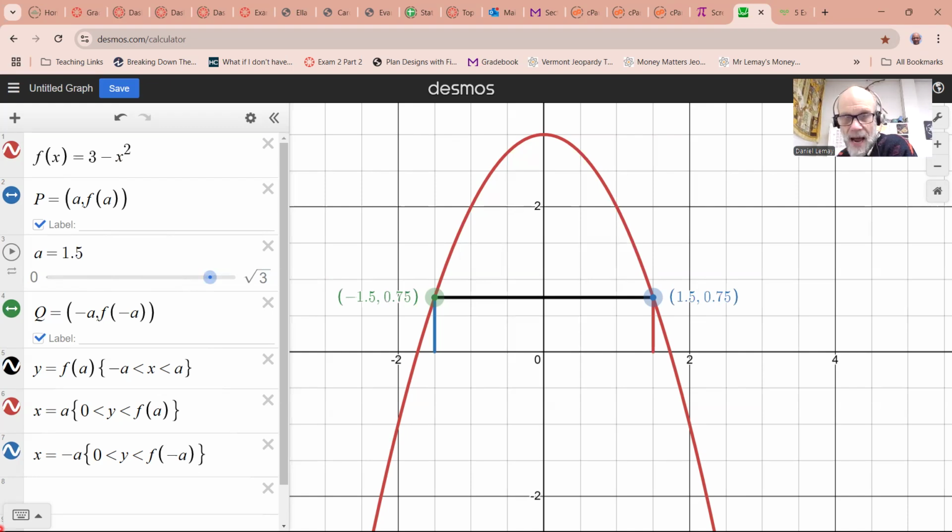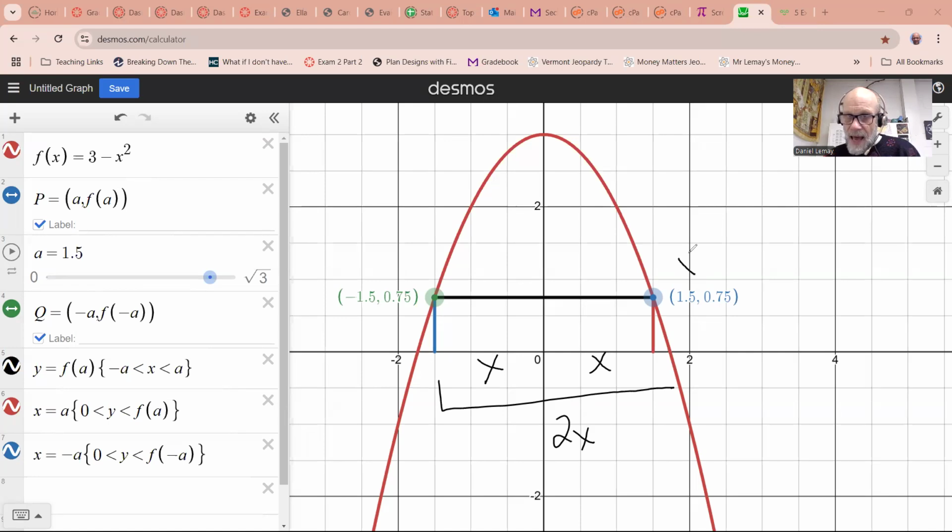So where's the maximum area? Right now it looks like it's the square, and I suspect it's going to be the square, but we'll see. How do you create an equation for this so you can do some work with it? This is x, this is x, same thing. So this rectangle is 2x wide.